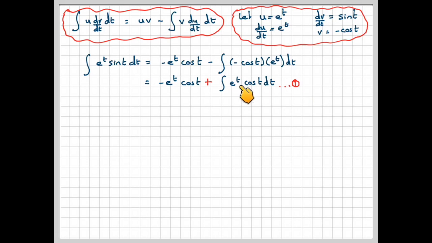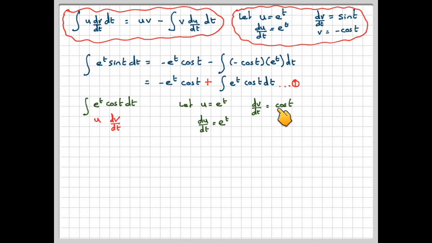So we've ended up with something that we've sort of had at the beginning. So we've got the integral of e^t cos t dt, so we're now going to integrate that. Again, using parts, make sure you make the same choice as you made in the first part. Let u equal e^t, differentiate it, you get e^t. dv/dt is cos t, you integrate that, you're going to get sin t.